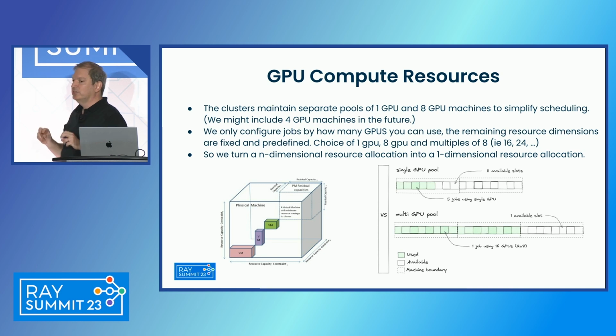And you have the constraint that when you launch a job, you can only specify how many GPUs you need. Everything else is predefined by the cluster management people. So the jobs that can run in this cluster can be either one GPU, 8 GPUs, or multiples of 8: 16, 24, etc. This turns an n-dimensional problem into a one-dimensional problem, so it's tractable for us to do the scheduling.